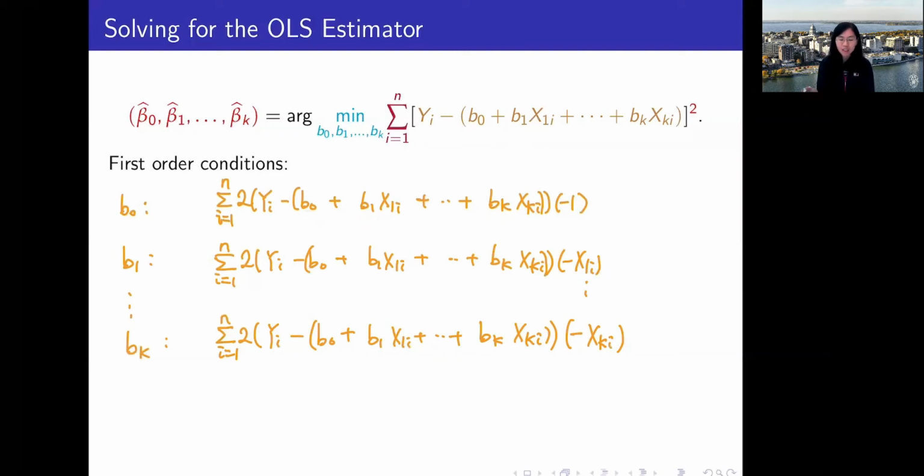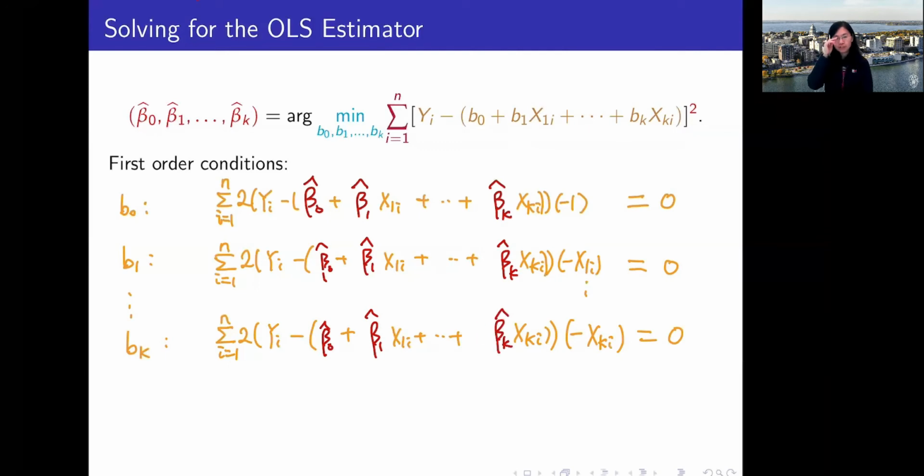And the optimal value solves this system of equations. So the b's that satisfy these equations are the betas. Just to be clear, we replace all the b's by their optimal value, so the values of b that solve these equations are the optimal values, the beta hats.